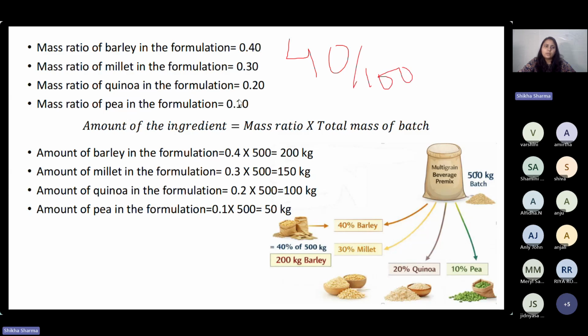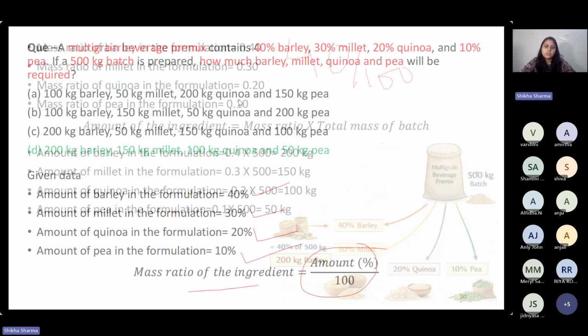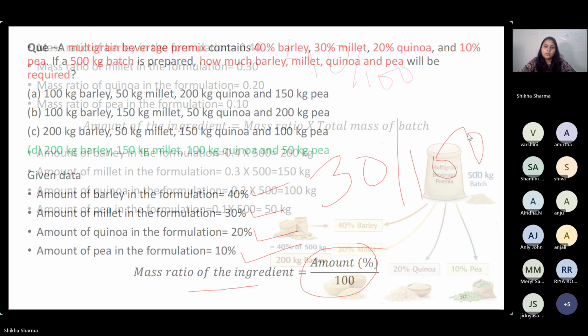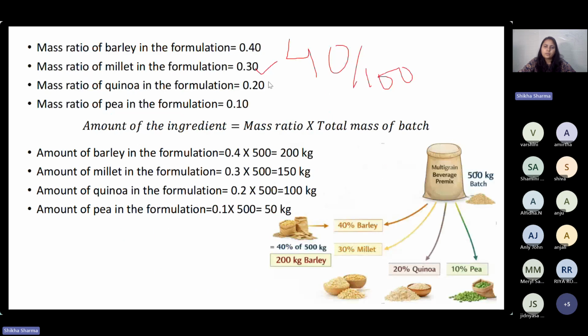Same for millet, which is 30%: 30 divided by 100 is 0.3. Then the mass ratio of quinoa is 20 divided by 100, which is 0.2, and the mass ratio of pea in the formulation is 10 divided by 100, which is 0.1.